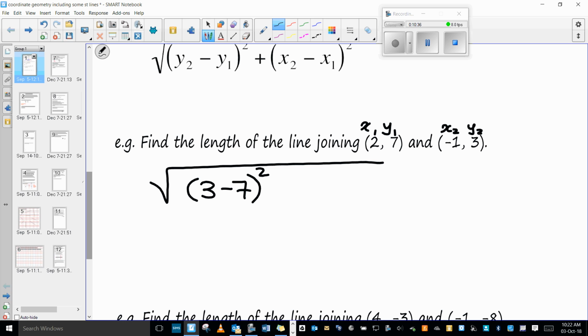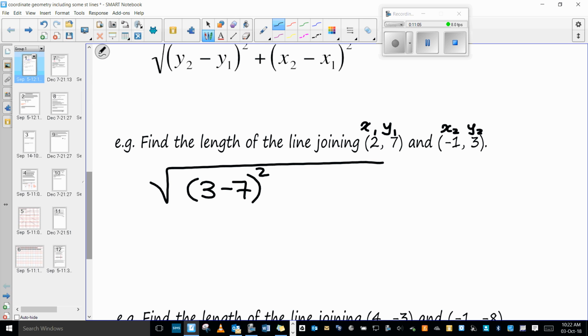That would be the x coordinate, because our x is always first in the coordinate. Why is 3 taking, why is 7 taking, why is it different? Okay, but let's go through this example. Then I will switch mine, and I will show you you get the same answer. Okay.